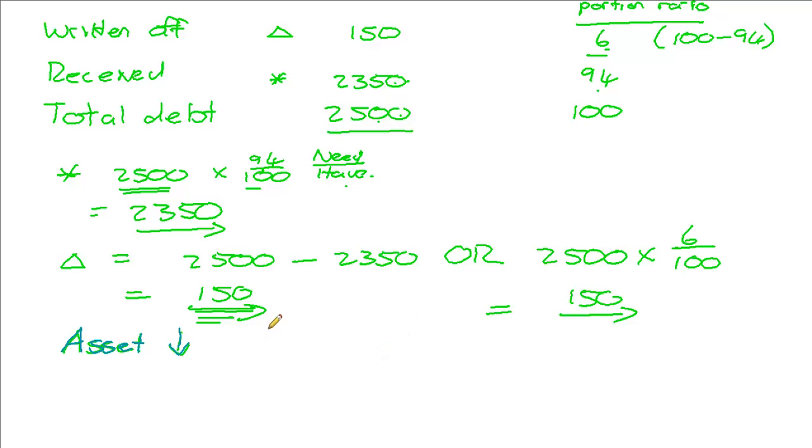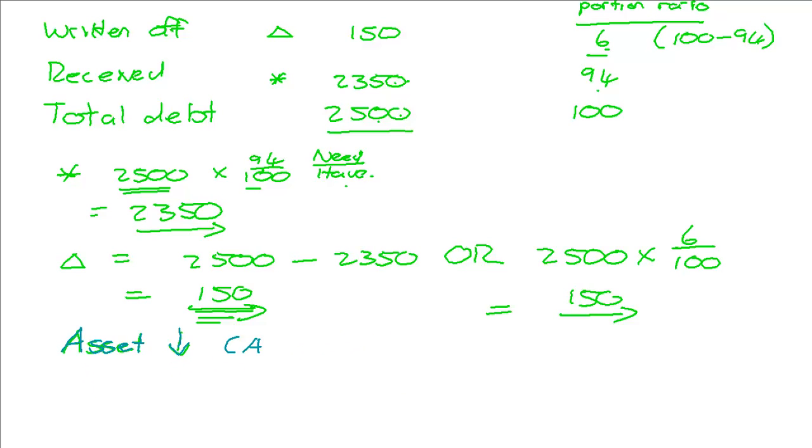So, question is that a non-current asset or a current asset? Well, because debtors control will normally receive the money from them within the next 12 months, that is going to form part of my current assets. I'm just going to indicate that with a CA. And now my current asset is decreasing by 150 Rand.